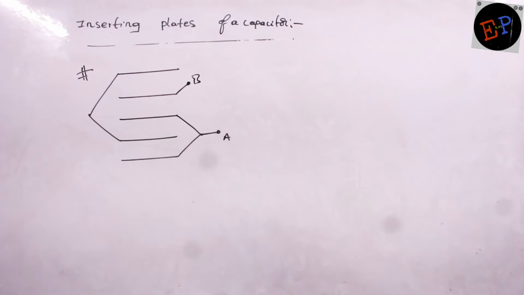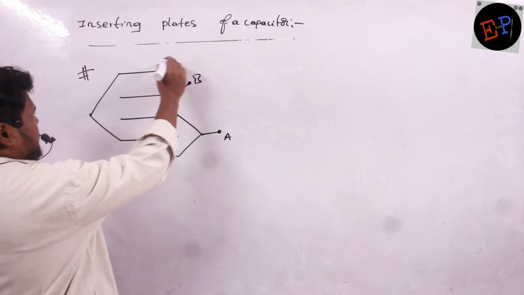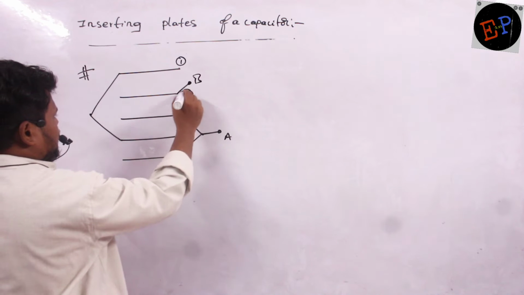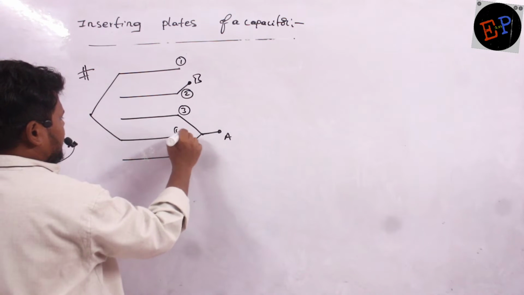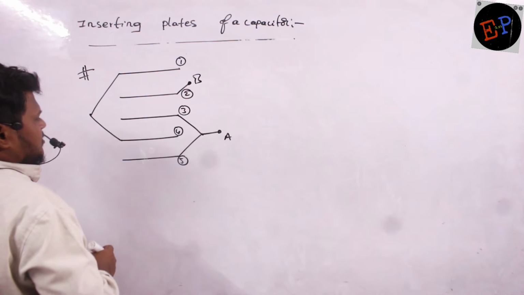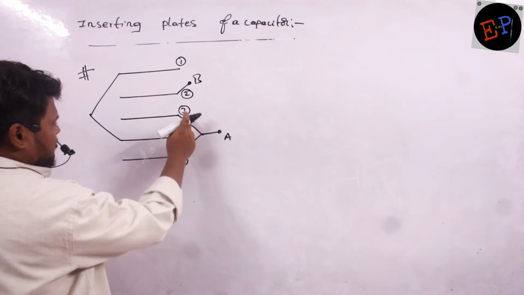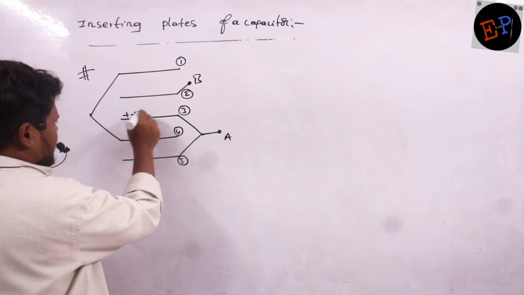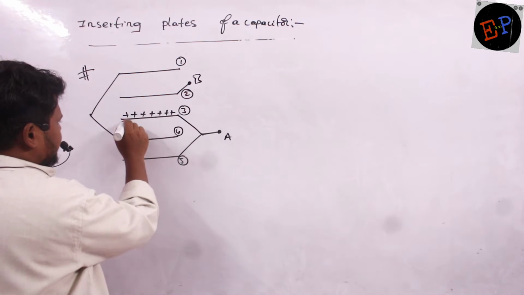So let us see this circuit. So plates 1, 2, 3, 4, 5. Which plates are connected to positive and which are connected to negative? 3 and 5 are connected to the positive terminal of the battery.